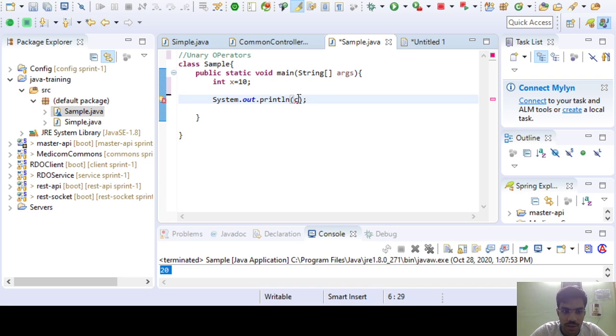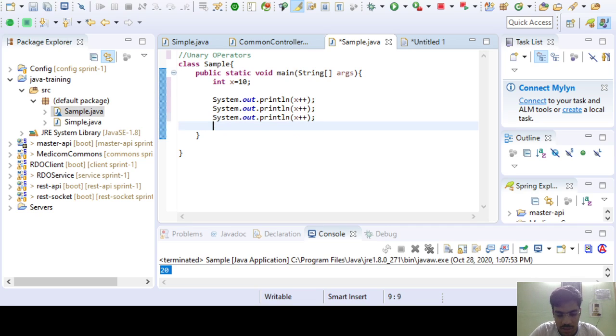Yes, plus plus. Let's copy this statement. It is a type of unary operator. Then paste, and we'll talk about minus minus also. There is a difference between those two.